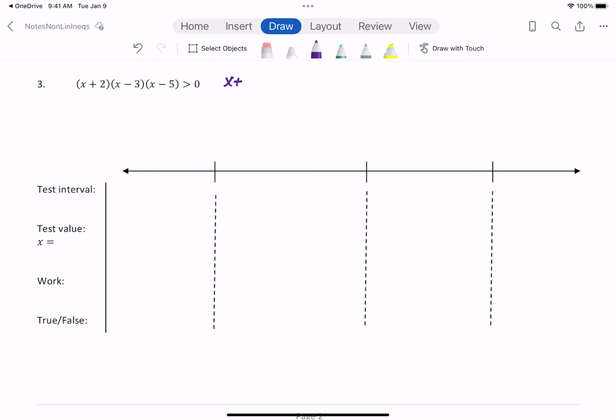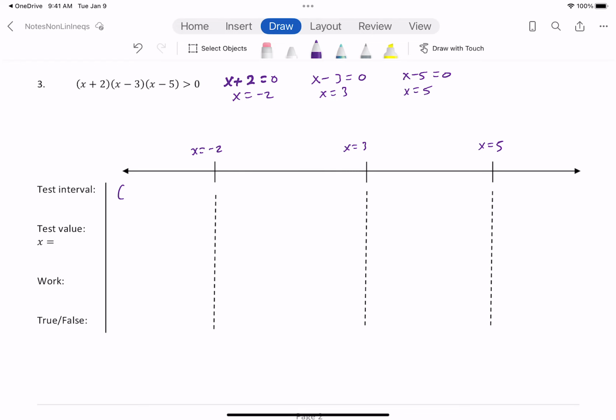We're still going to set each one equal to 0 to determine our endpoints. So I get -2, 3, and 5. And those are in numerical order. So the first one is -2, the second one is 3, and the third one is 5.